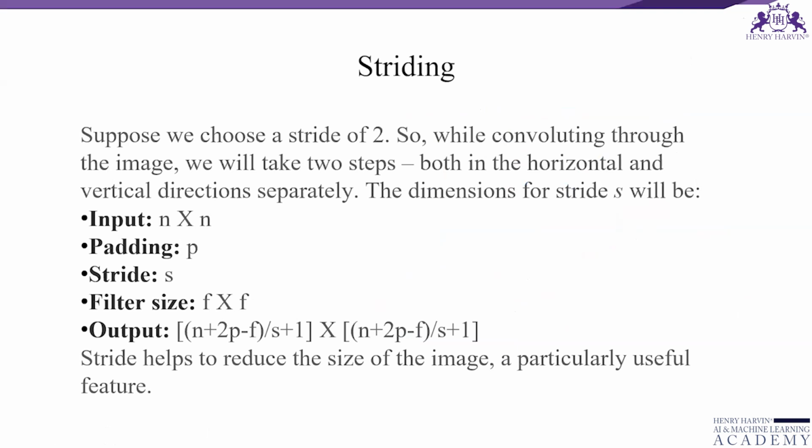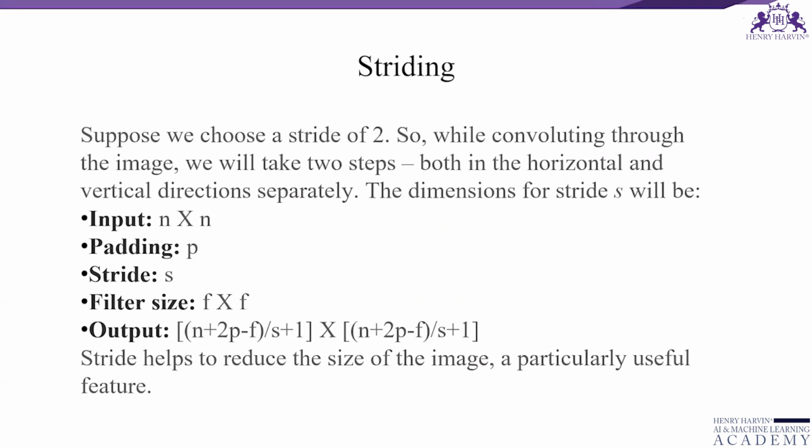Now we are going to study striding a little more deeply. Say we choose a stride of 2. What we have seen in the previous case was stride of 1. Now if it is stride of 2, while convolving the image, we will take 2 steps, both in the horizontal and vertical direction separately.